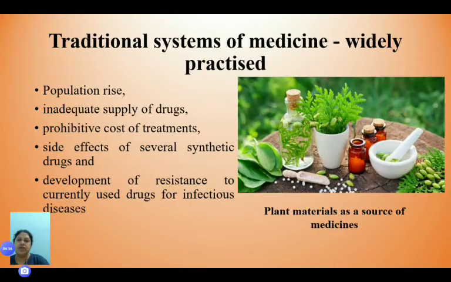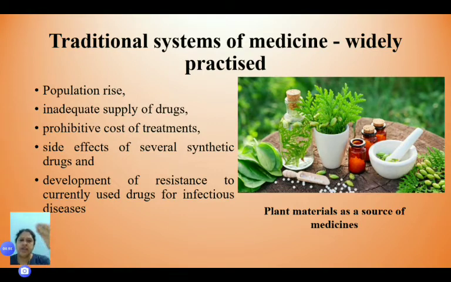Next, coming to the traditional system of medicine, how it is widely practiced. You can see from the picture that plant material is the basic source of the medicines. Everyone was dependent on plant sources only, in the form of a fruit, seed, leaf, root, whatever it may be.